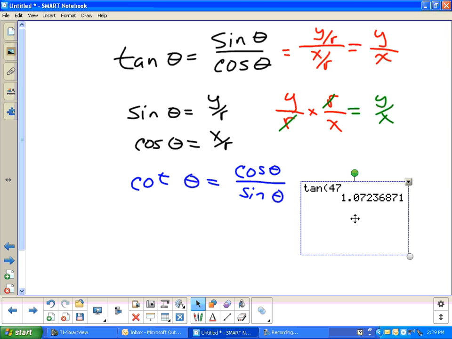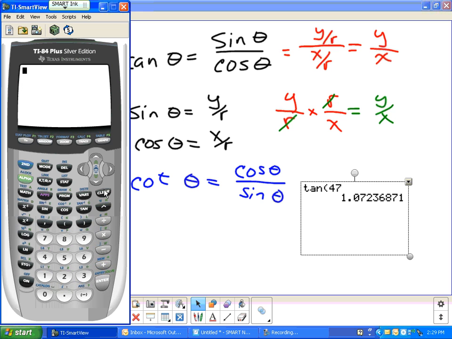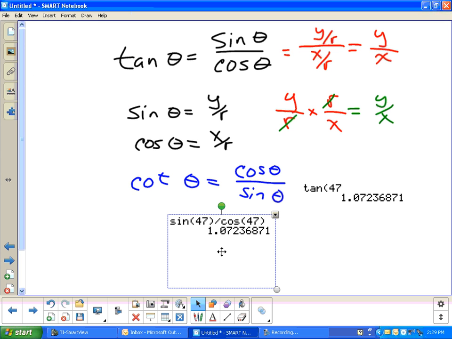What you can do is take the calculator and find the sine of 47, and divide it by the cosine of 47. And when I hit the enter key, you'll see that you get exactly the same number. It's got to work, right? Because if it doesn't work, well, then it's wrong.